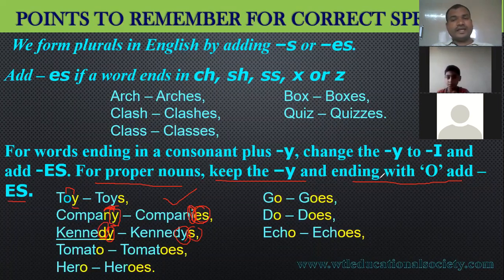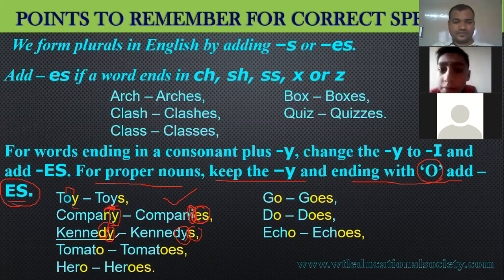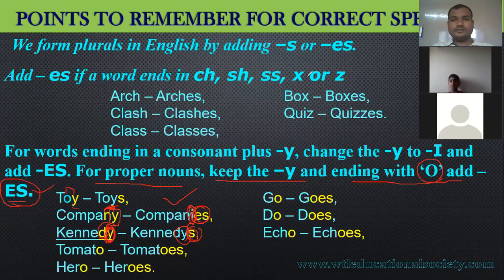If the word ending is O, in that case we have to add ES. But here, what is the word ending? Y. Correct? The word ending is Y. That's why we are not adding ES; we are just adding S. Understood the difference?